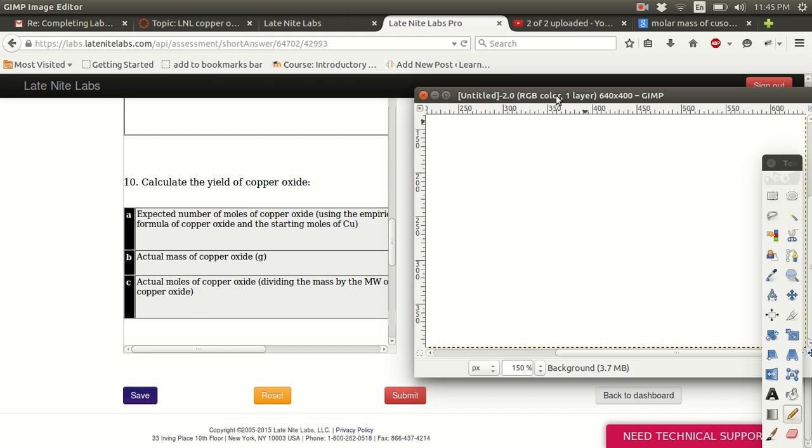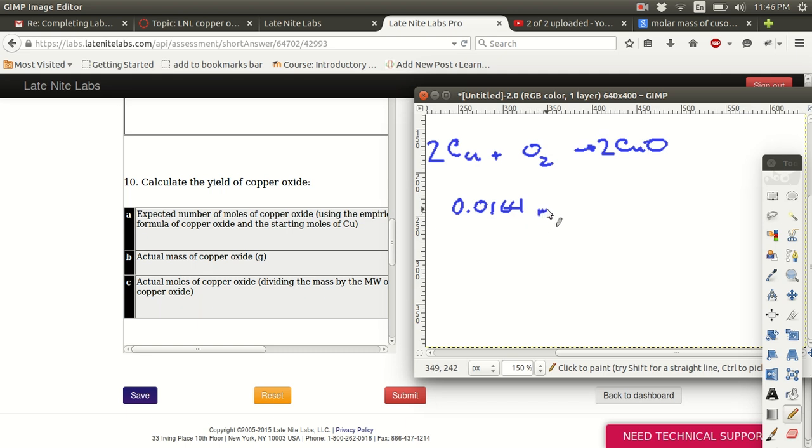First of all, how many moles of copper oxide would you expect? Well, this is the equation. Remember that I had a certain number of moles of copper. I had 0.0164 moles of copper right there. So how many moles of copper oxide would you expect?